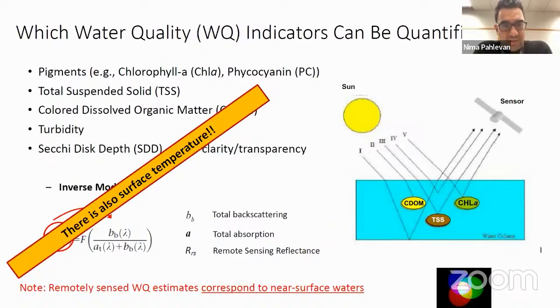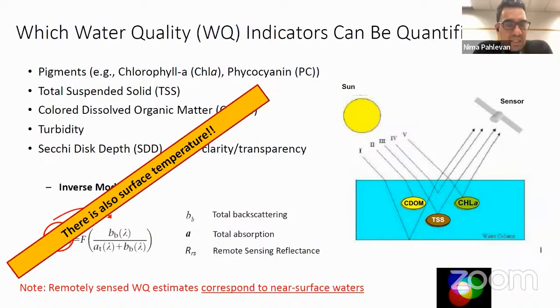This parameter, CDOM, is directly related to the amount of carbon in the water column. There's also turbidity, which can be measured fairly easily from satellite. And there's water transparency, which can be estimated from Secchi disk depth.